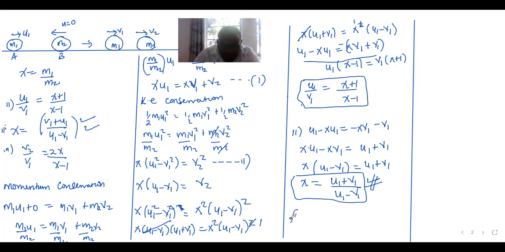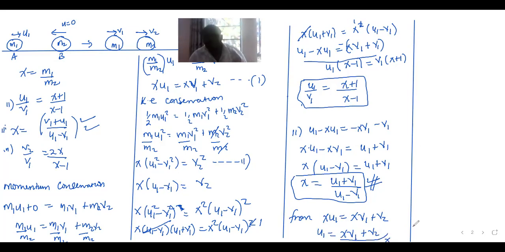From X U1, U1 is equal to something over X. Then when you come here, you can substitute for U1.